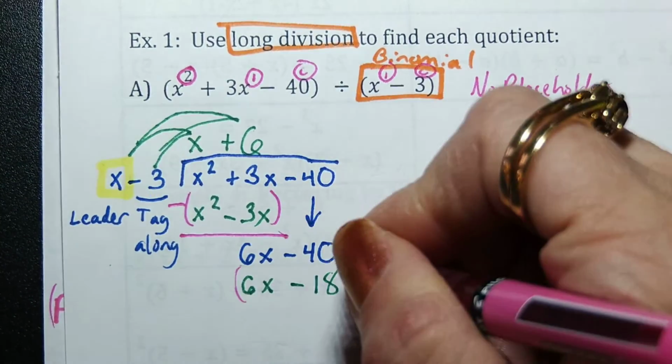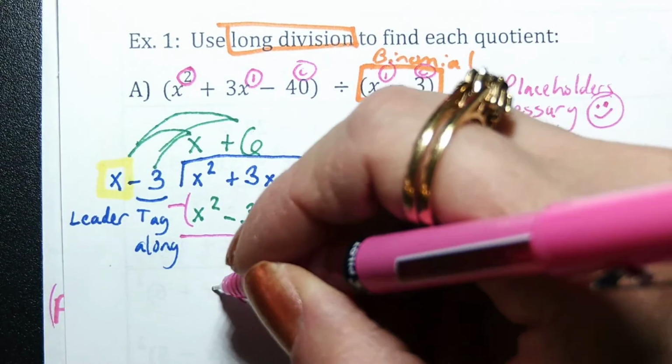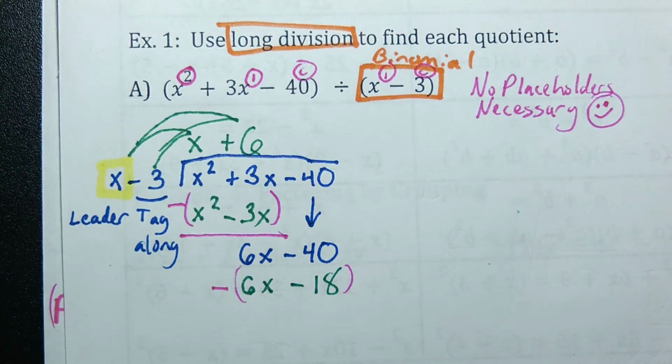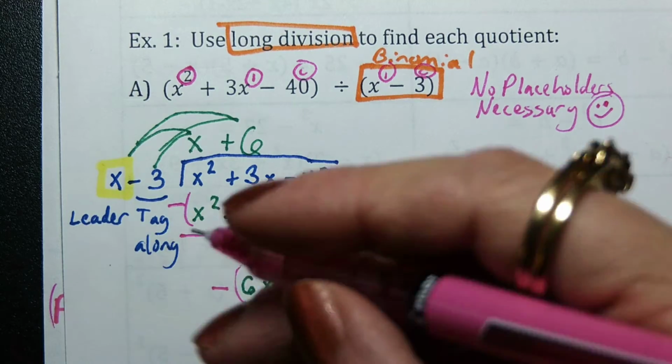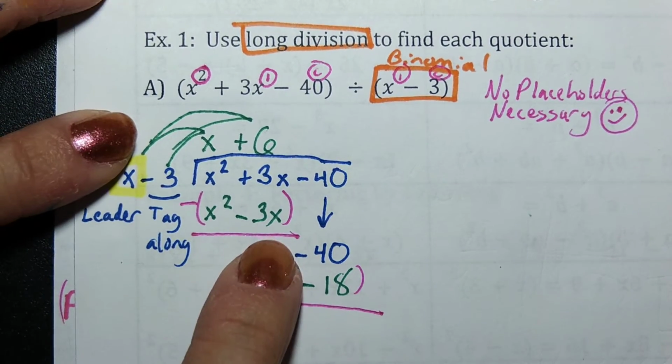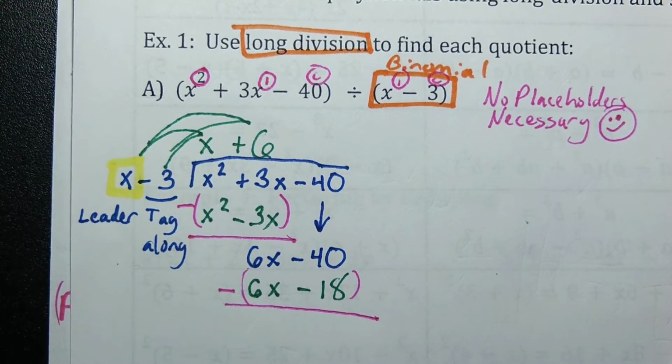Enclose in parentheses and subtract both. So 6x minus 6x is 0. What about -40 minus a negative or plus 18? -22.